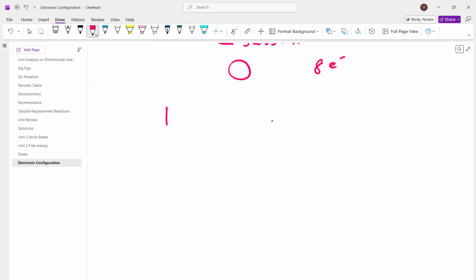And that's at 1s. How many can fit in the 1s shell? 2. Okay, that takes care of 2 of the 8. 6 more to place. Okay, the next one out is 2, and it's got 2 subshells, P and S. S is more stable than P, so it's going to fill first. And that's taking care of 4 of them now. We have 4 more to go.